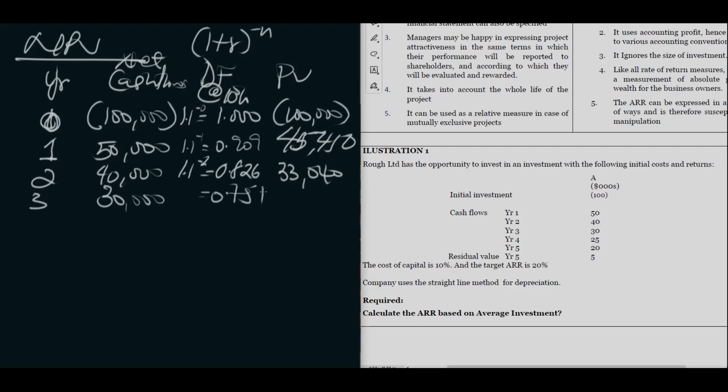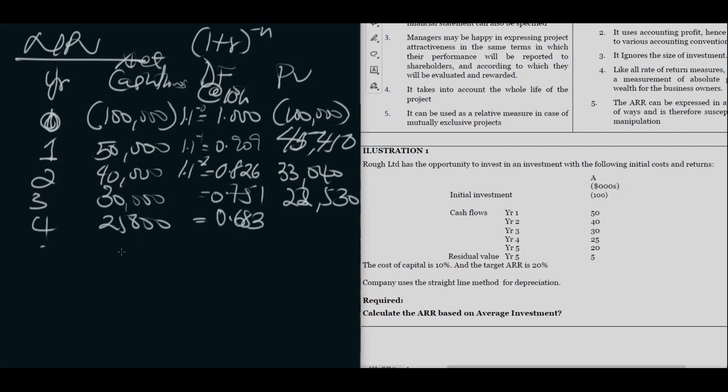That means you lose about 25%. That's 22,530. 22,530 year 4. Year 4, I have 25,000. So I have 0.683.